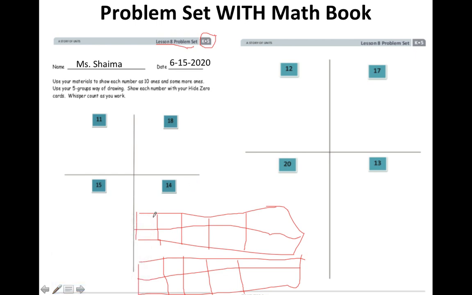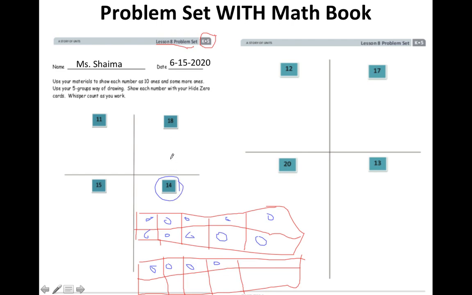So the number is 14, which means I need to do it the 10 way. The way we would do it is, in the first 10 frame, I would fill out this entire box with circles, and it's 4 more. So 10 and 4 gives me 14, right? So 10, 4 gives me this number.